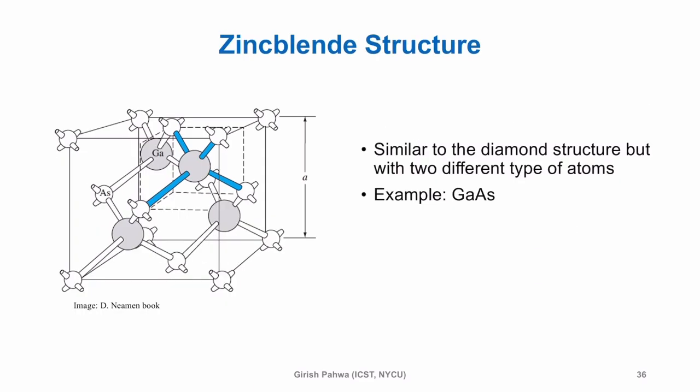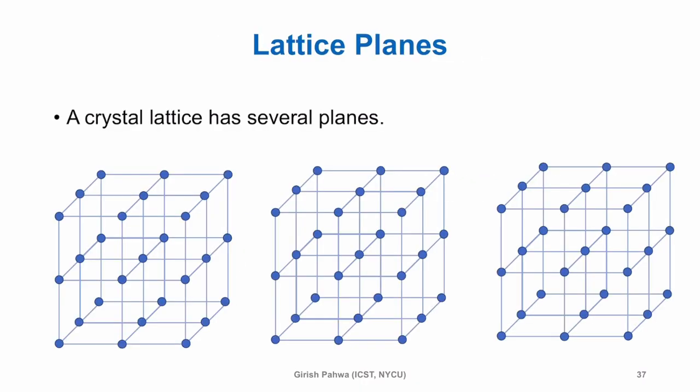Now let's talk about the whole lattice again. We talked about the unit cell. Let's look at the big picture again. Let's talk about lattice planes. Why are these planes important?